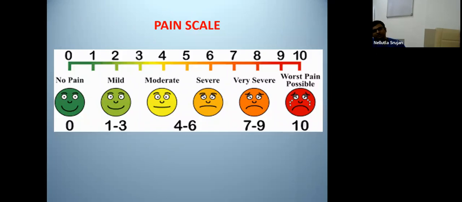So to summarize what Janet has told, post-operative surgical patients are very important for us. The most important thing is pain management, as we have already mentioned, and maintenance of temperature.